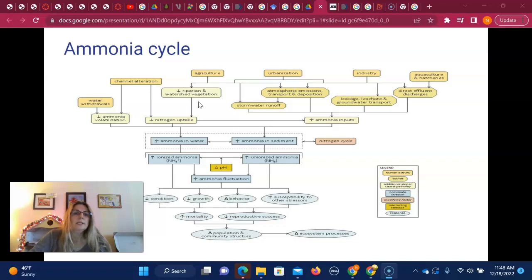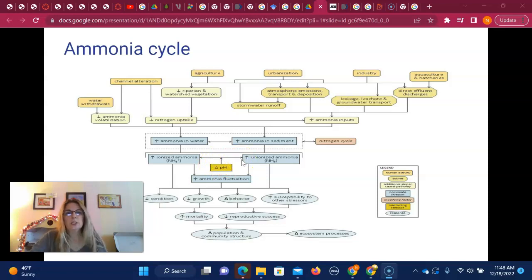So these changes will increase ammonia in water and sediment, which will increase the amount of ionized as well as unionized ammonia. And this is also affected by changes in pH. So pH really affects the ionization or the unionization of ammonia.